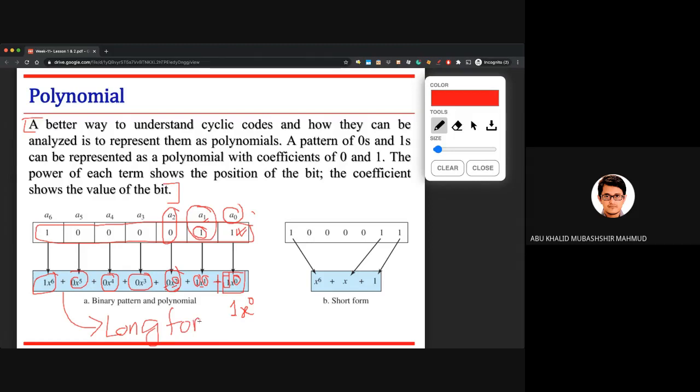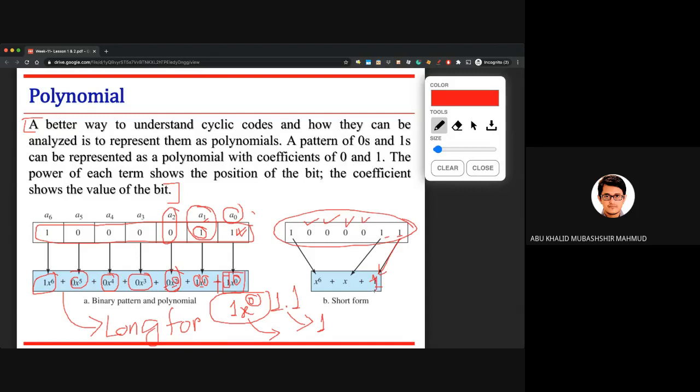And for the short form, we take a look at this: 1 0 0 0 0 1 1. What do we do? We put directly a 1 here, which represents this bit. Anything of power 0 is a 1, and when we multiply it by another one, we get a result of 1.